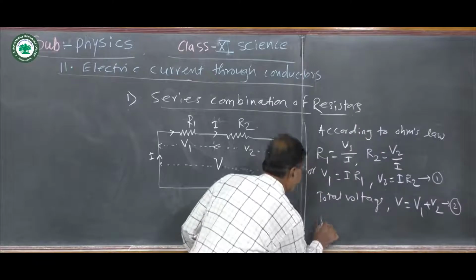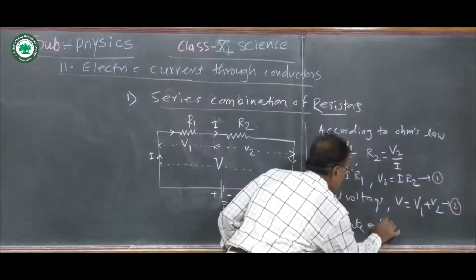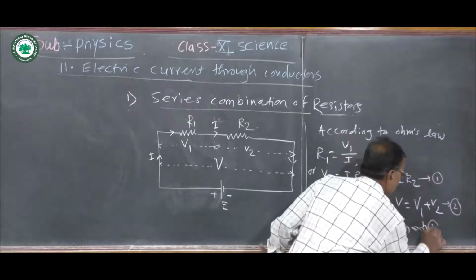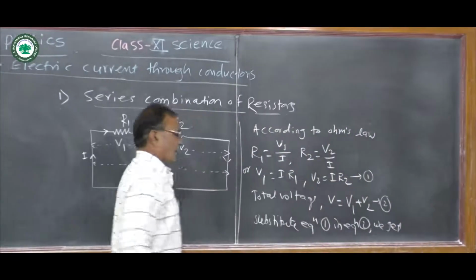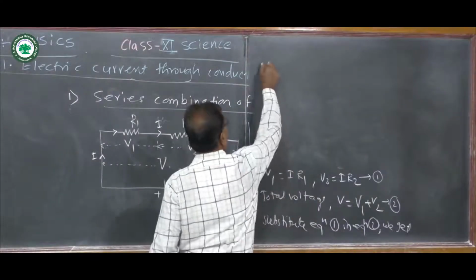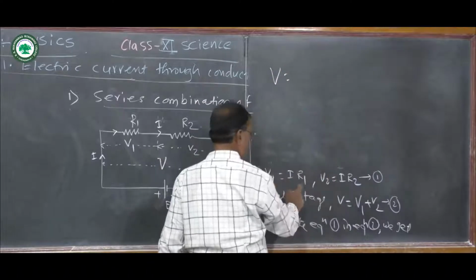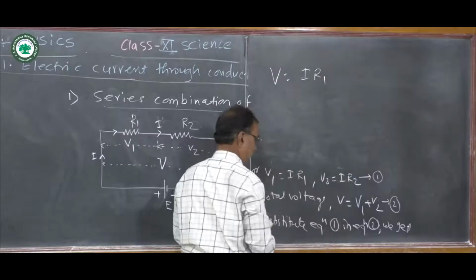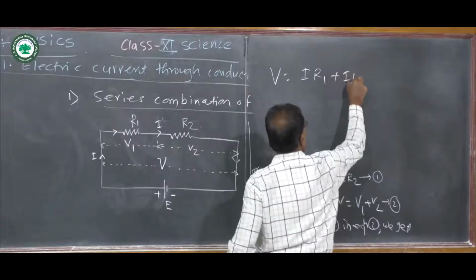So, substituting equation 1 in equation 2, we get V equal I R1 plus I R2.